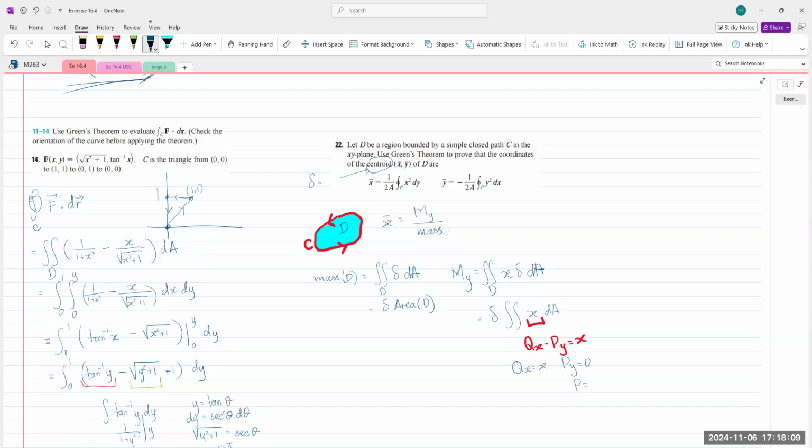So P will still be 0, but Q, if we do the integration, is 1/2 x squared.